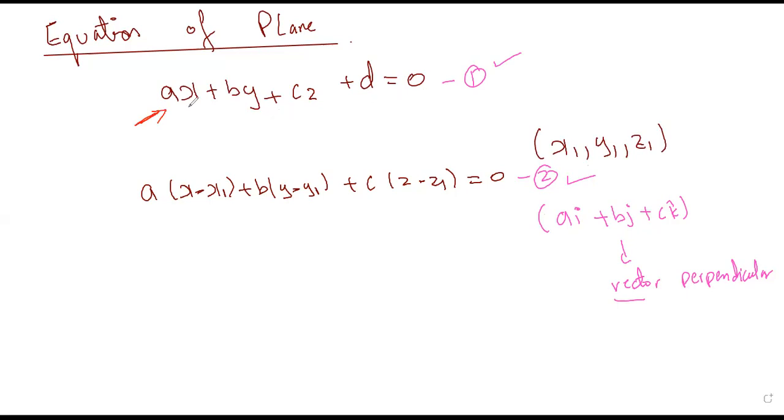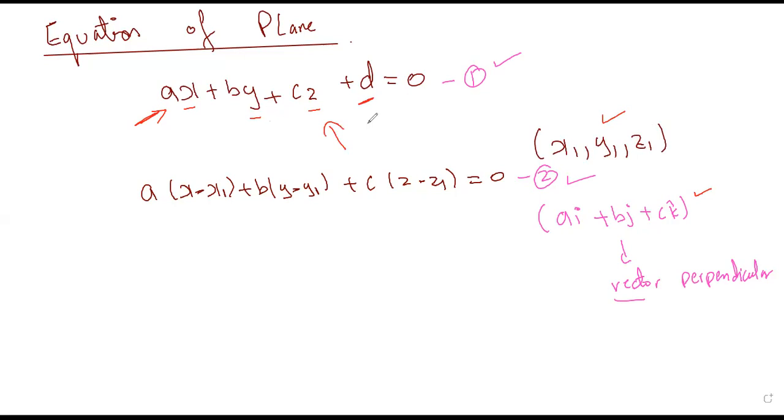Okay, x, y, and z are basically variables. a, b, c are the components of the vector that is perpendicular to the plane. Okay. So let's say that you know this point and you know this vector. You will use both of these in this and find the value of d, right?